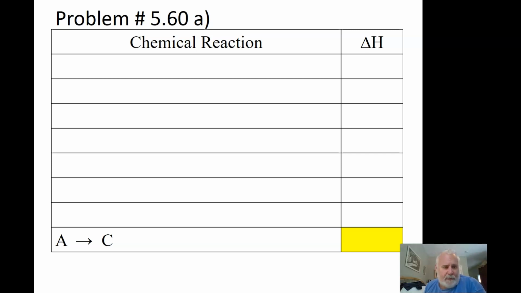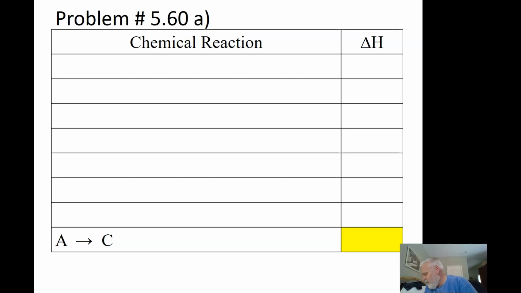Sometimes it's just two separate processes that are easy to tell. Sometimes that happens instantaneously. But let's say it's really hard to figure out the energy of A to C, but you can break up and figure out the energy of A to B and B to C. So that's kind of what this is getting to.